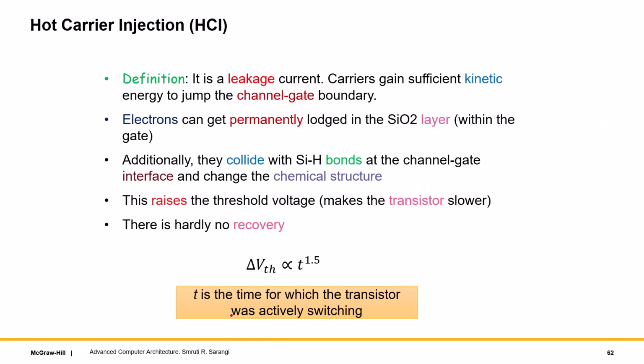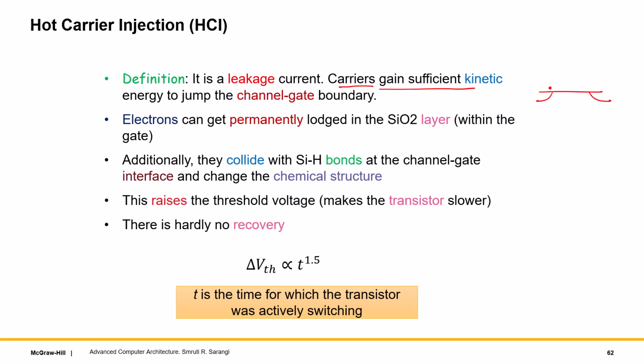So similar to NBTI, which is again related to hydrogen molecules breaking and protons coming up, there is another mechanism known as hot carrier injection, which is primarily a leakage current, as we have seen, where the charge carriers kind of become fast, they gain sufficient kinetic energy to essentially jump the channel gate boundary.